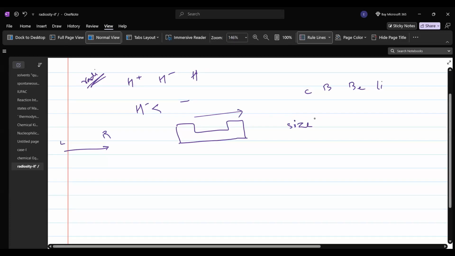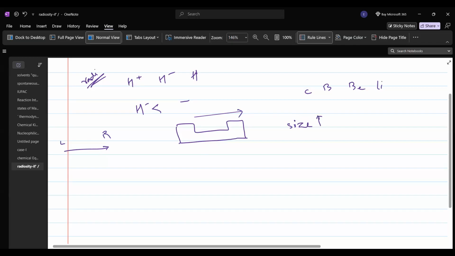Why does it increase? The atomic radius from left to right decreases. Why? In both options, you have to answer why.